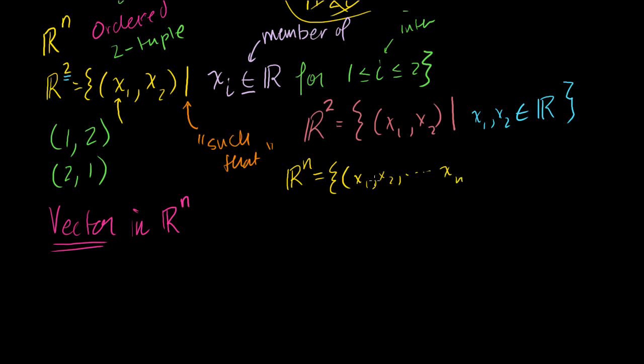So you're going to have n things. If this was 100, you would have 100 things here. This is an ordered n tuple such that for each xi, where xi is one of these, xi is a member of the reals. So each of these has to be a real number.